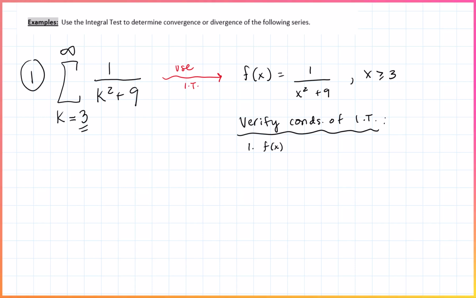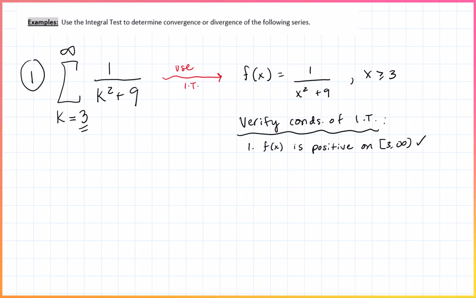So f of x is positive, and some of these are almost visual or intuitive, our intuitive math sense checking of conditions, sometimes they won't be so obvious.